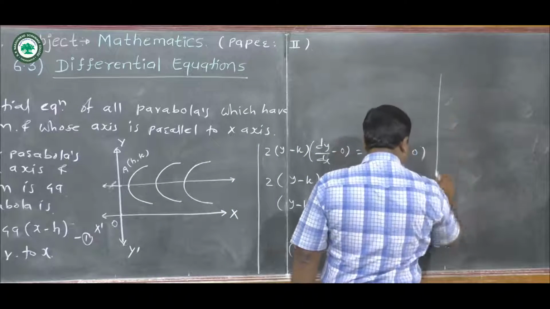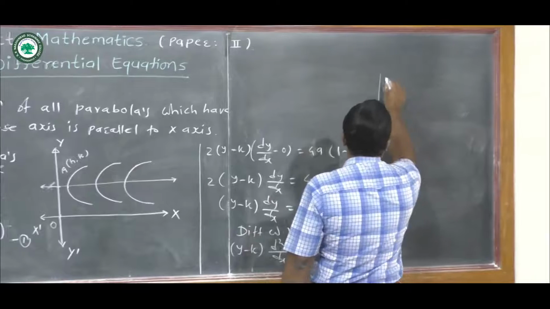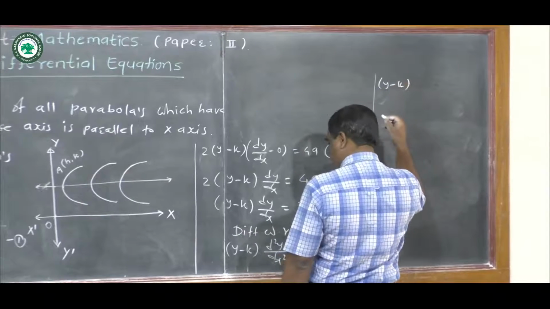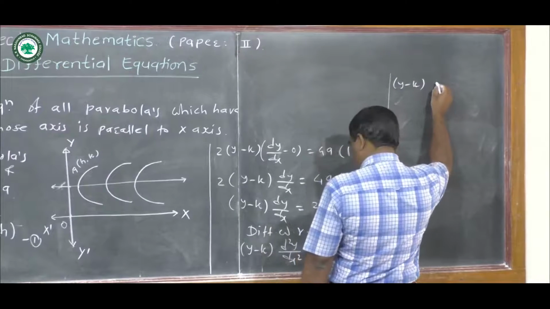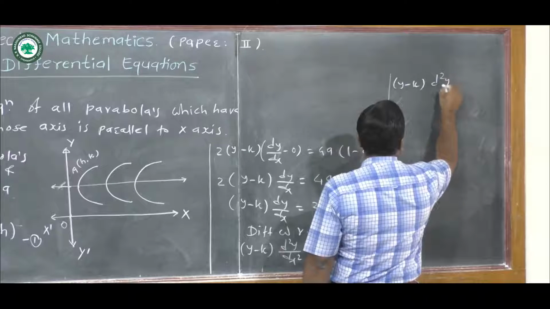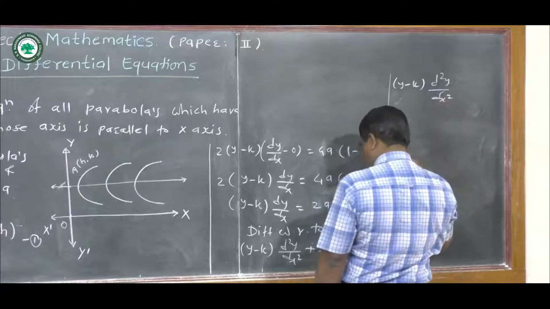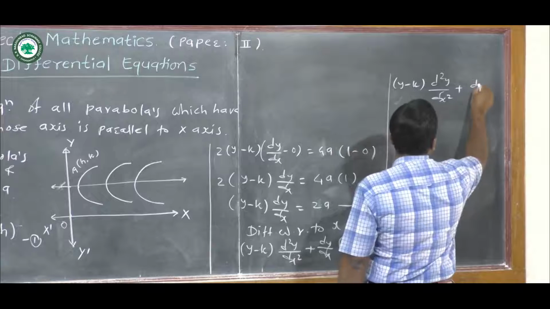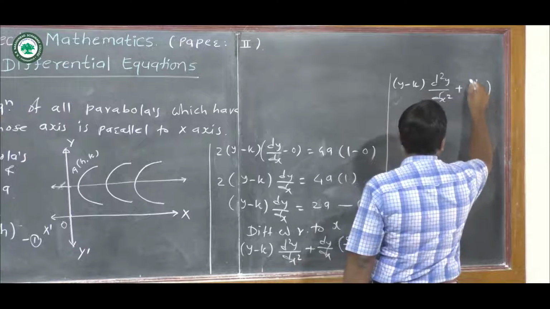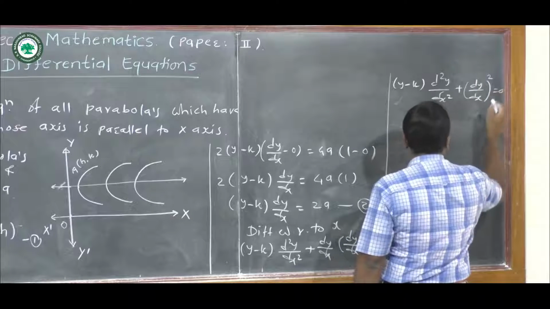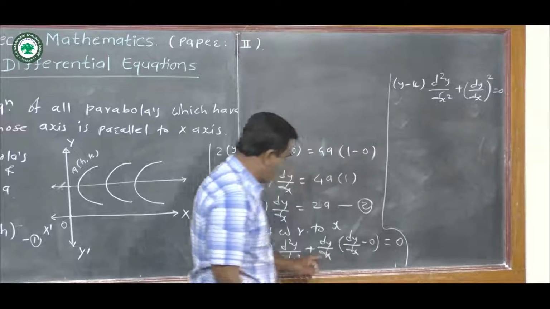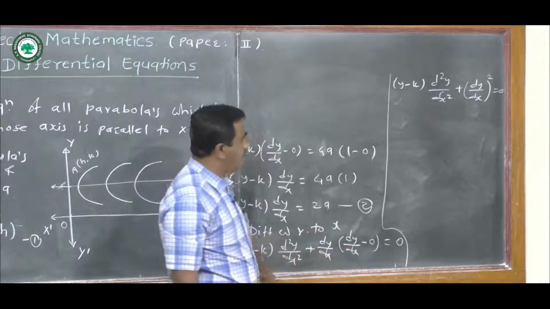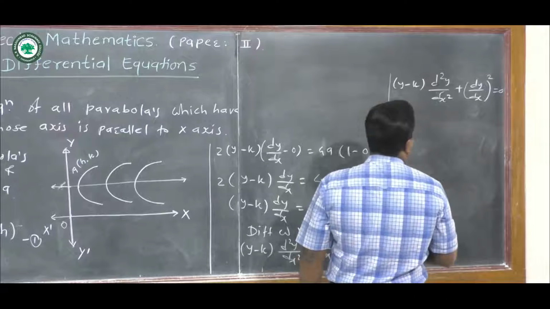Therefore, you can write here (y minus k) into d square y by dx square plus (dy by dx) whole square equal to 0. This dy by dx into dy by dx is equal to (dy by dx) whole square.